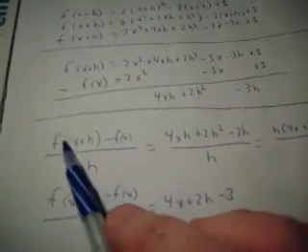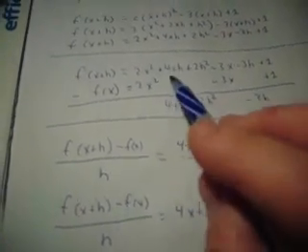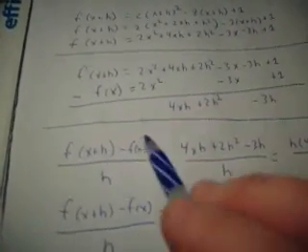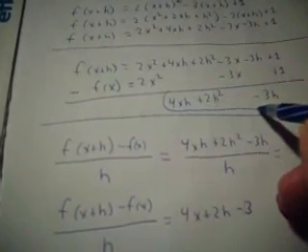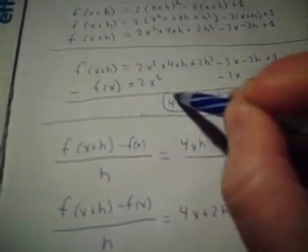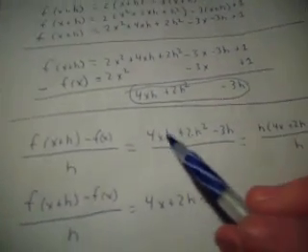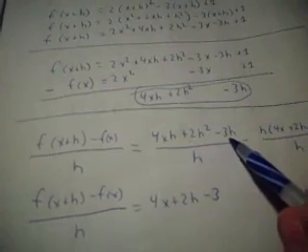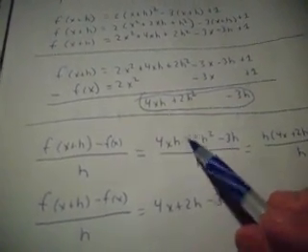Now, we have f of x plus h minus f of x over h. The result of this is right here. So now we have 4xh plus 2h squared minus 3h divided by h. We're going to factor an h out of this.